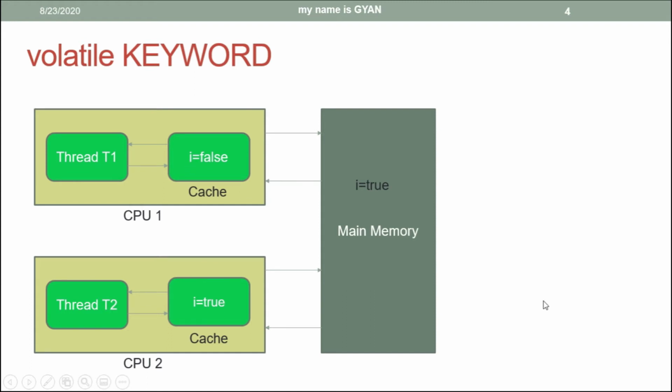Although the volatile keyword gives a kind of synchronization between two threads, it never gives synchronization among two writer threads. The volatile keyword only gives a way of synchronization if only one thread is a writer thread and the rest of the threads are reader threads. Only in that case does the volatile keyword give you a sense of synchronization. But you cannot always rely on the volatile keyword.